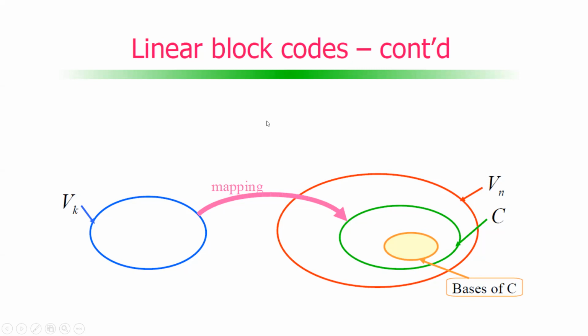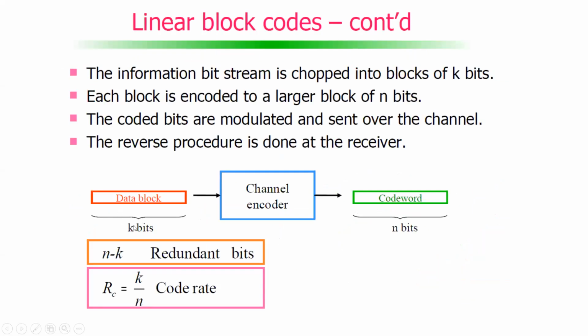But the problem is that if the number of k bits and n bits are large, for example, if I consider n as 200 and k as 50 bits for the message block and 200 bits for the output block or the code words. Every code word will have 200 bits. Every message block will have 50 bits.